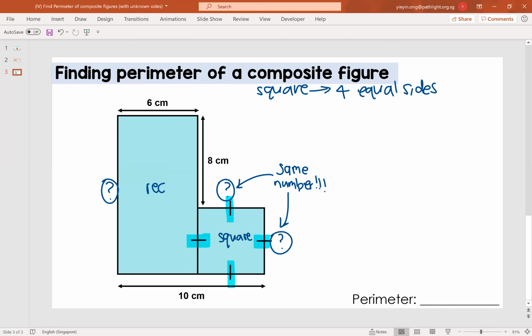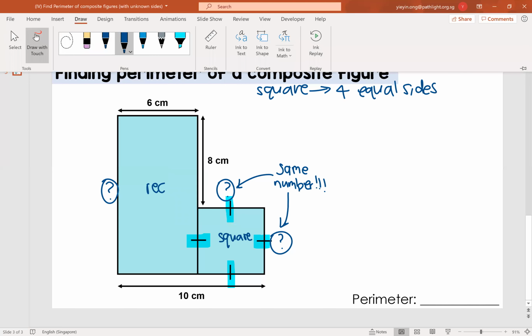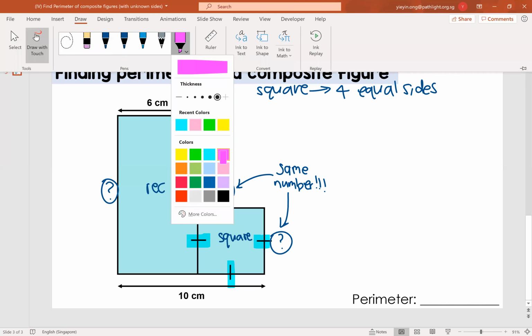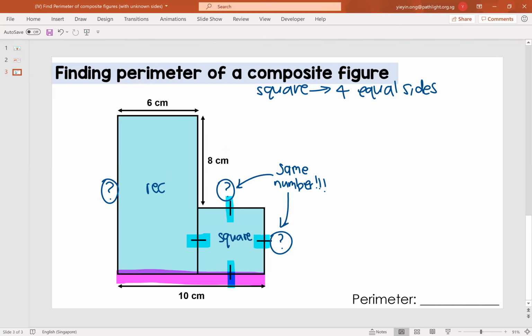So now, let us try to find the side of the square first. Over here at the bottom, this 10 centimeter corresponds to two parts across on the top. So it corresponds to this 6 centimeter and this question mark, which is the side of the square that I want to find.